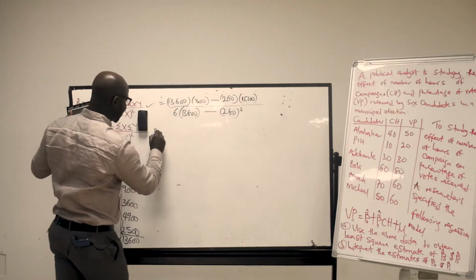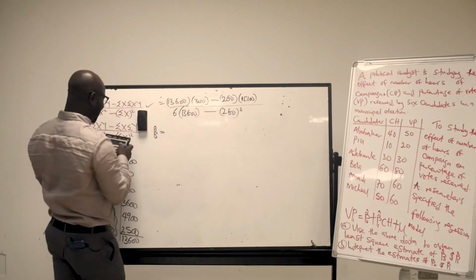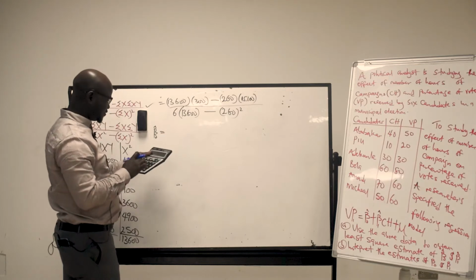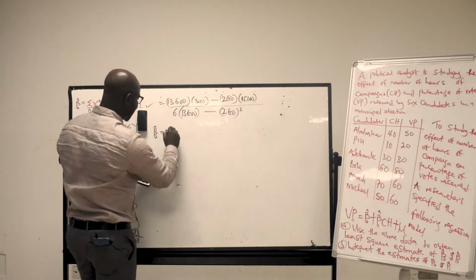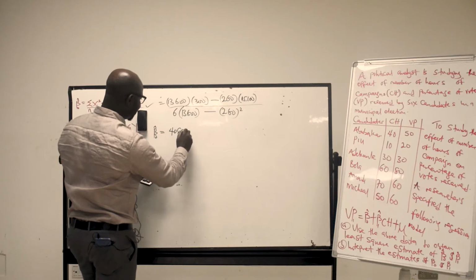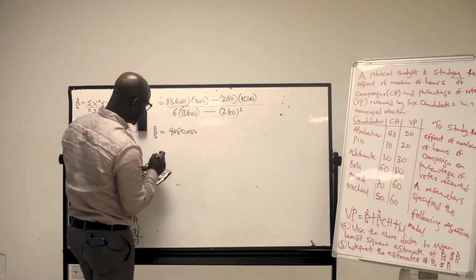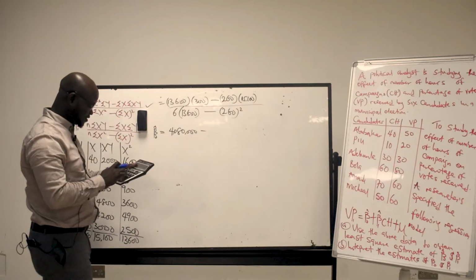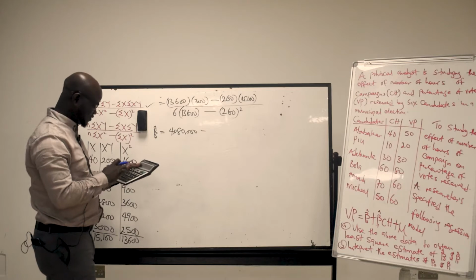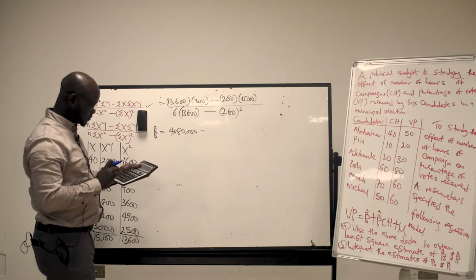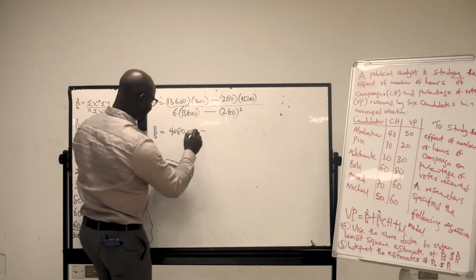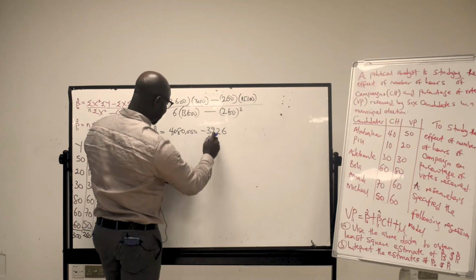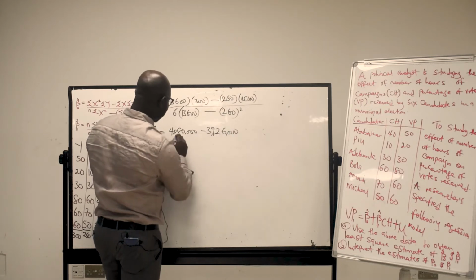So we can say the beta naught cap will be 13,600 times 300, which is 4,080,000, minus 260 times 15,100, which is 3,926,000, right?